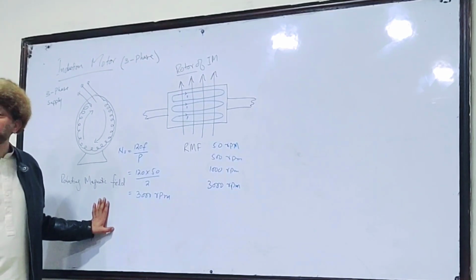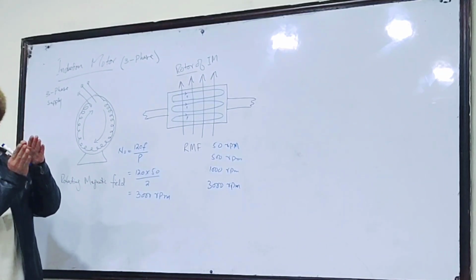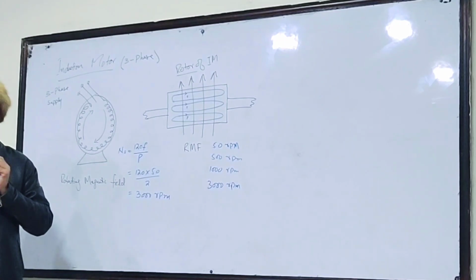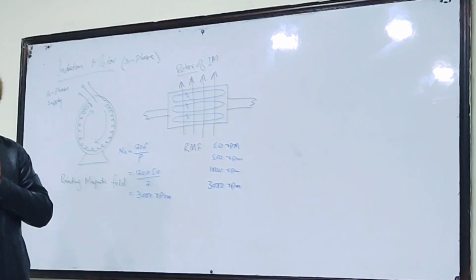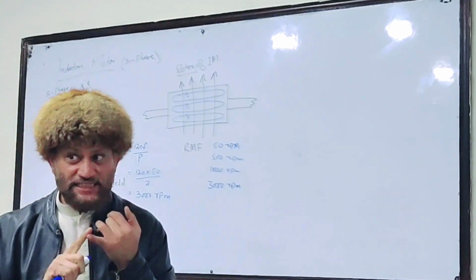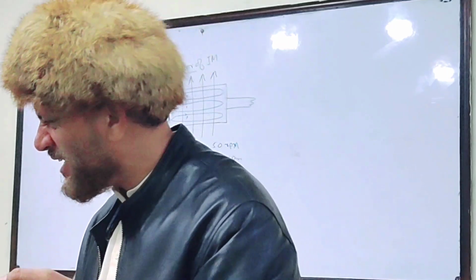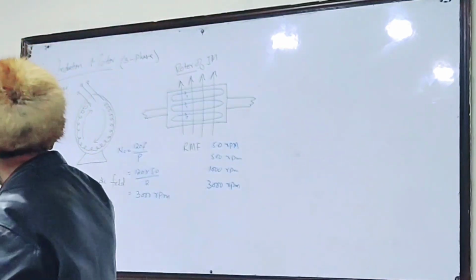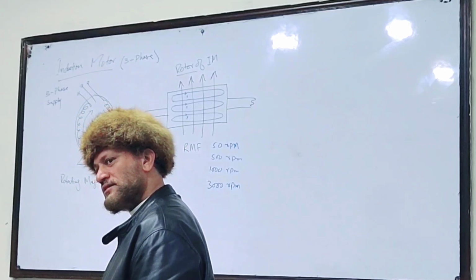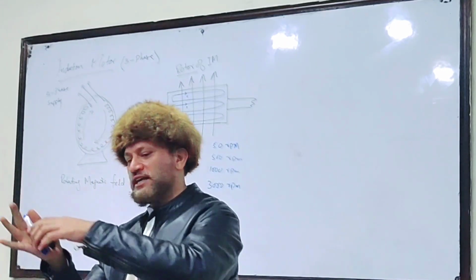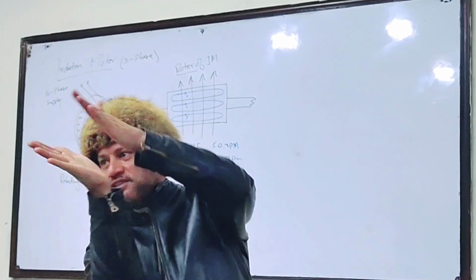Both are rotating with the same speed. So when both the rotating magnetic field and the rotor are at the same speed, will there be any EMF induced in these conductors, when both are rotating at the same speed?